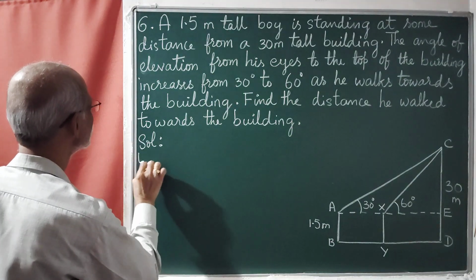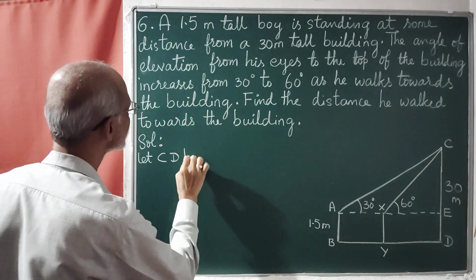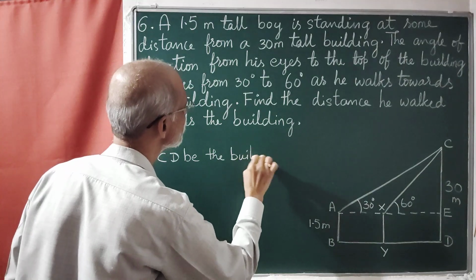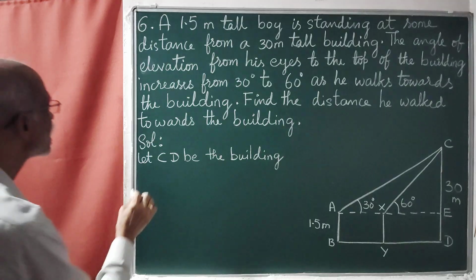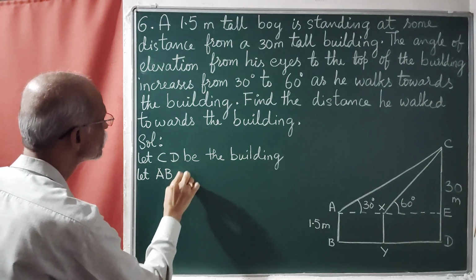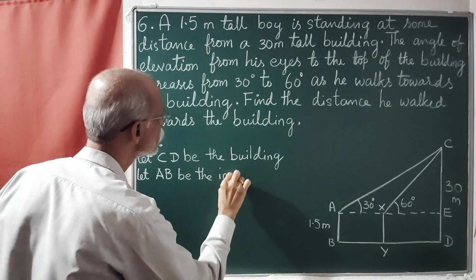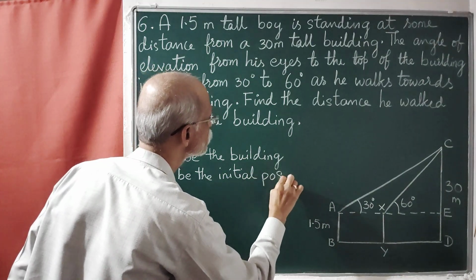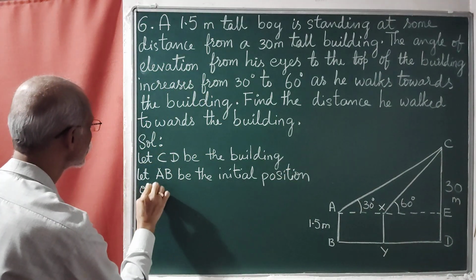Now let CD be the building. Let AB be the initial position of the boy.